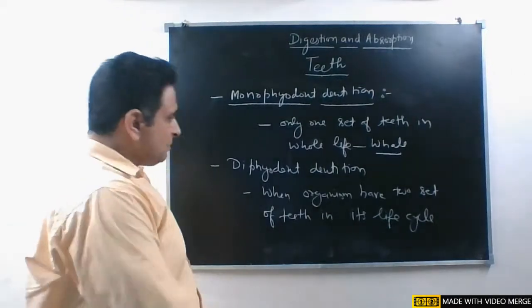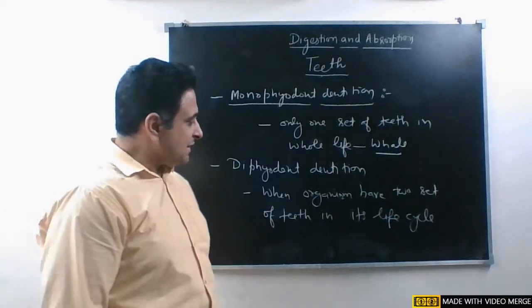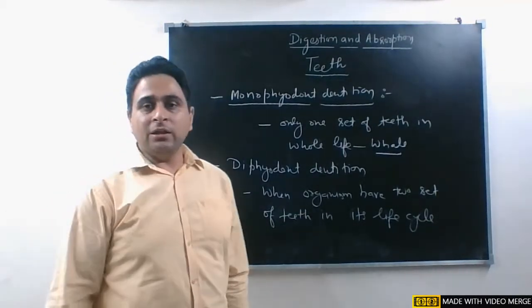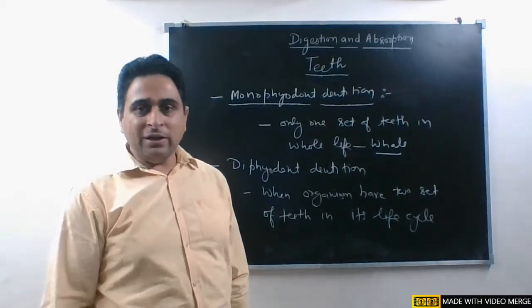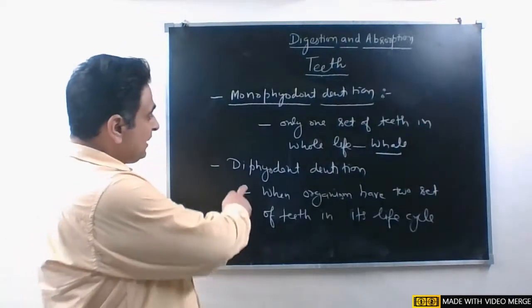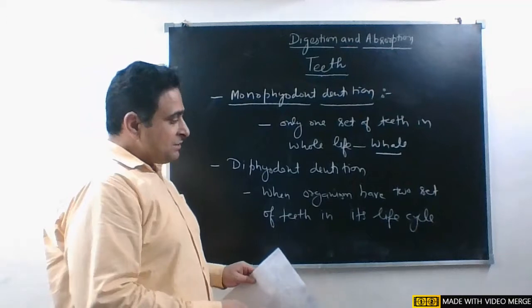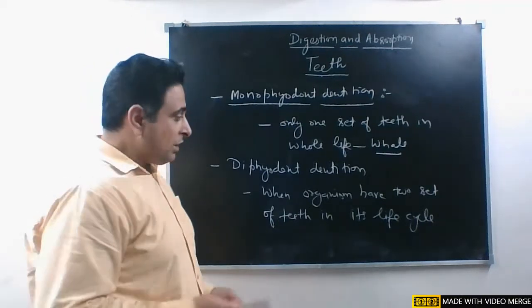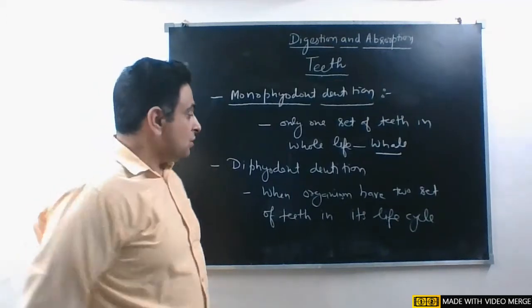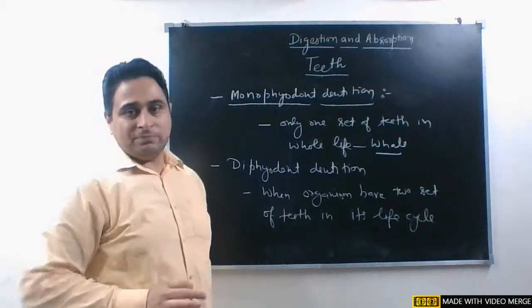One is in our childhood, that is milk teeth or deciduous teeth, and second, when those teeth fall, the new teeth that come are permanent teeth or adult teeth. So what is diphyodont dentition, students? When teeth appear in the organism's life twice, or when the organism has 2 sets of teeth in its life cycle. The best example for diphyodont dentition is human.